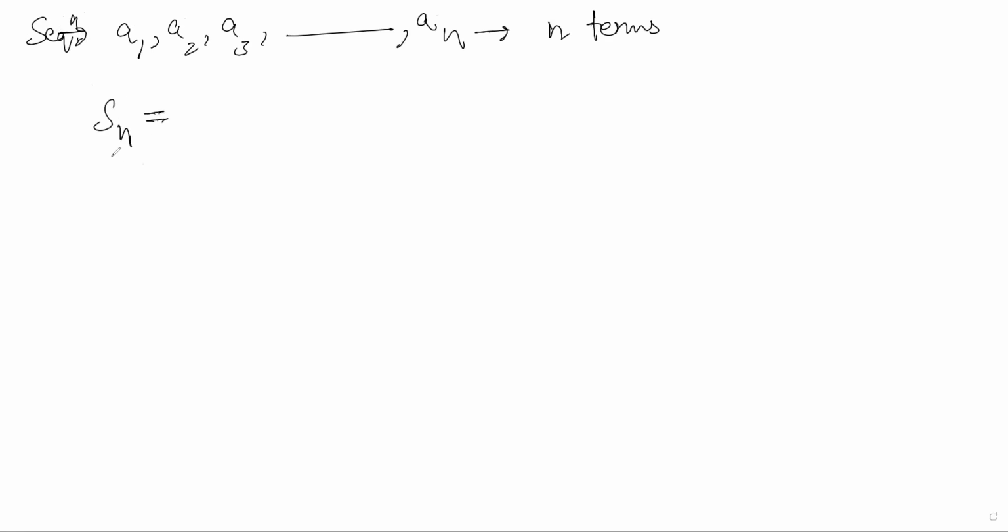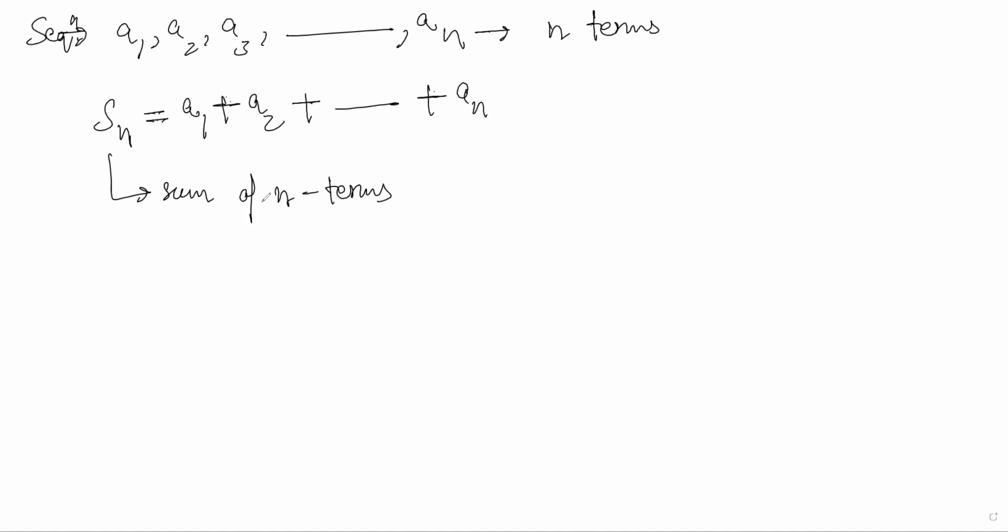Sn bole to sum of n terms. This would be A1, your first term, plus A2, plus A3, up to An. This is basically the sum of first n terms.